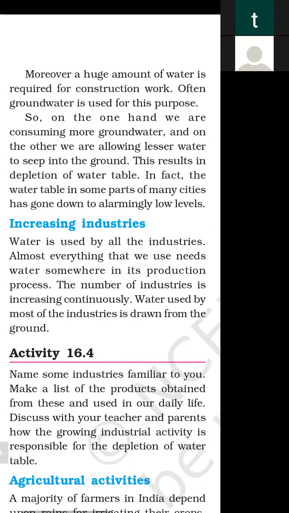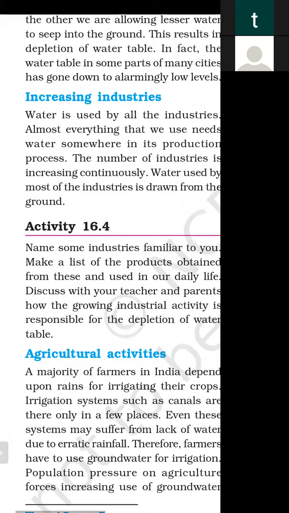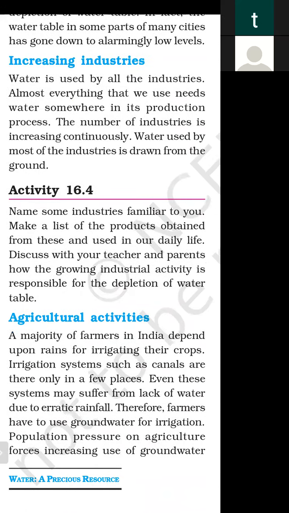Another factor is agricultural activity. A majority of farmers in India depend upon rain for irrigating their crops. What is irrigation? Irrigation means giving water to the crops.